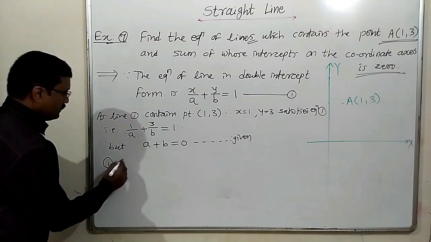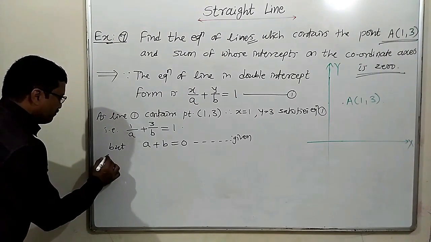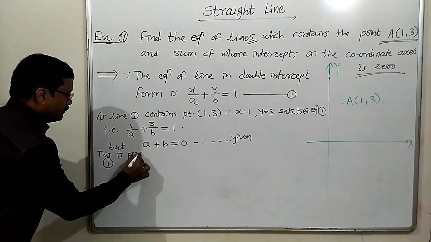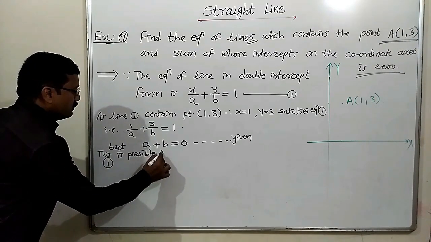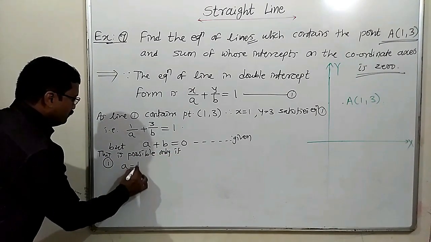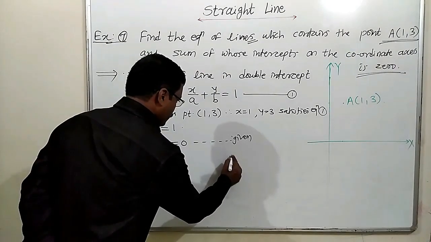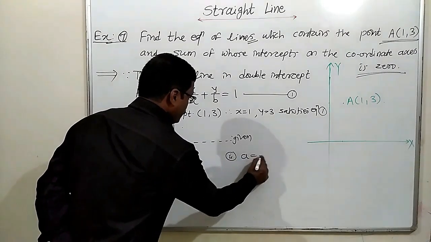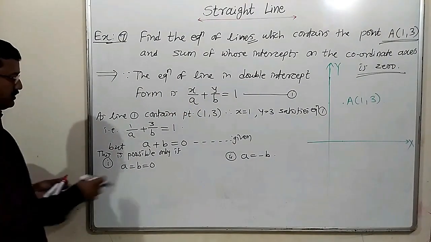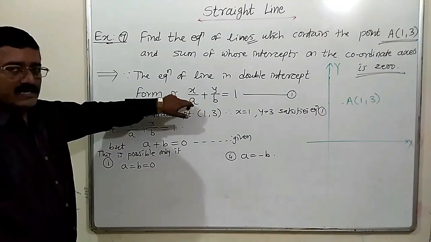First, this is possible only if a = b = 0. When a and b are both 0, we can't put them in the equation because they are in the denominator.